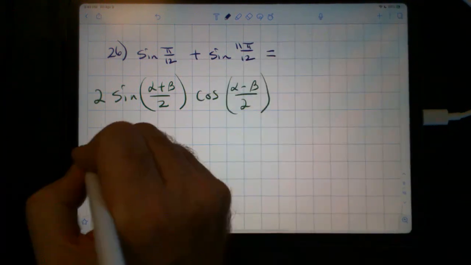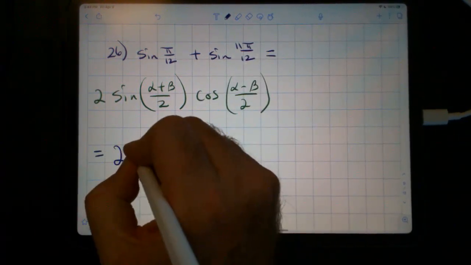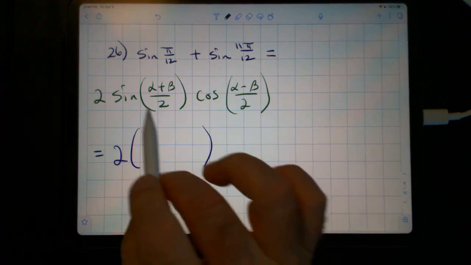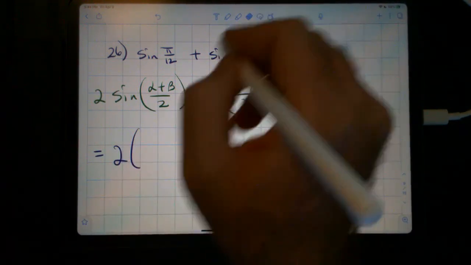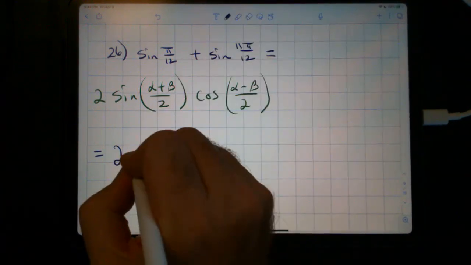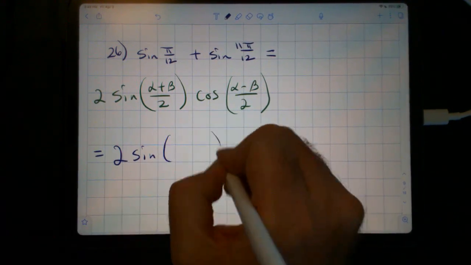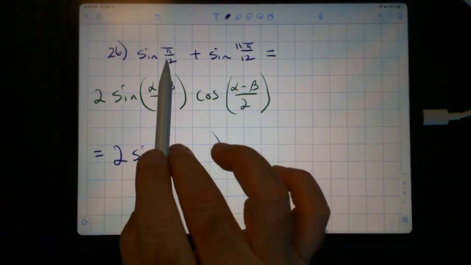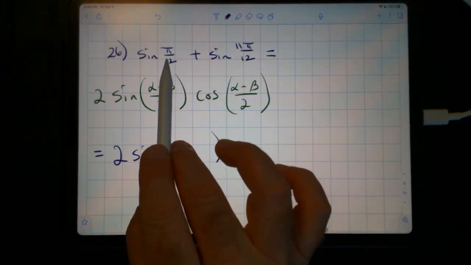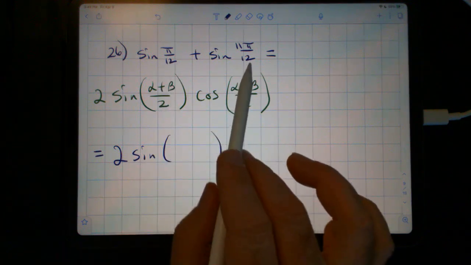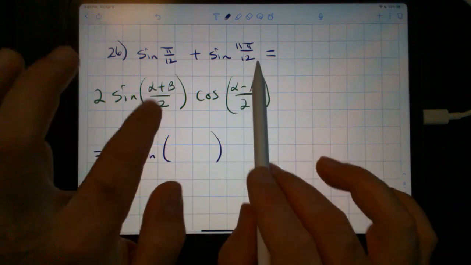So this is equal to, we have 2 times, so we have alpha plus beta, so pi over 12 plus 11 pi over 12, this is pi over 2.